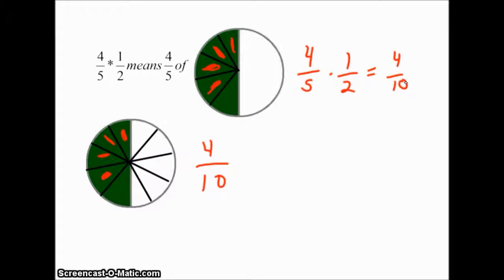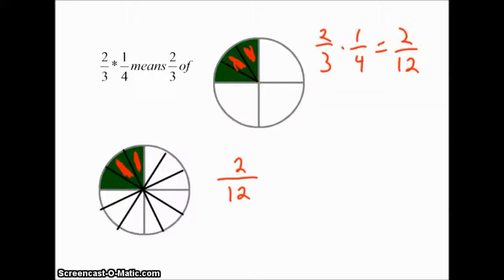Let's see if there's a pattern here. 4/5 times 1/2 equals 4/10. So if we multiply the numerators, 4 times 1 is 4, 5 times 2 is 10. If we multiply the numerators, 2 times 1 is 2, and the denominators, 3 times 4 is 12.